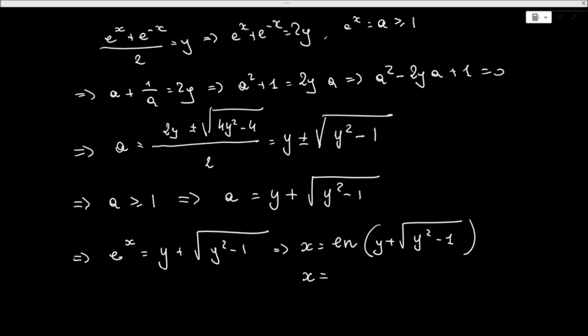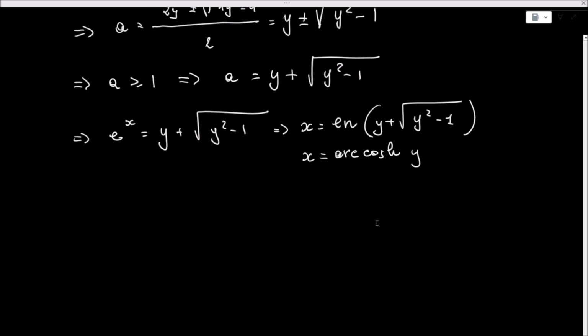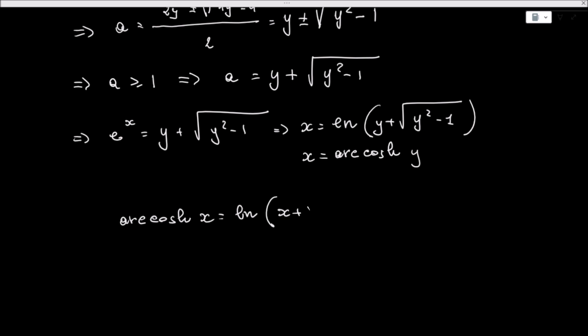But this is exactly what we were looking for, which is the arc hyperbolic cosine of y. And by just reverting, as always, the x and y roles, we get that the arc hyperbolic cosine of x is equal to the logarithm of x plus the square root of x squared minus 1.